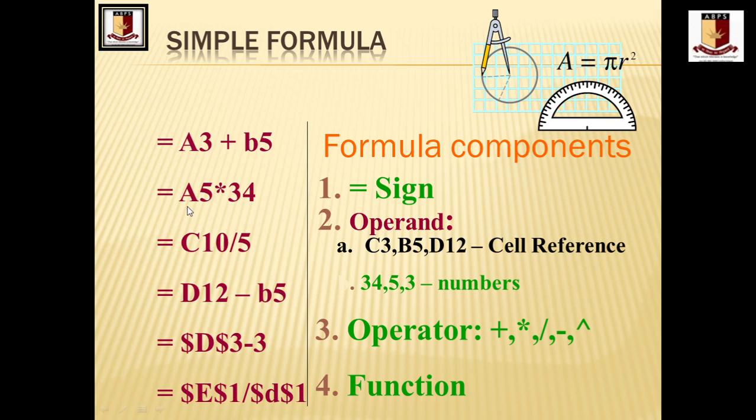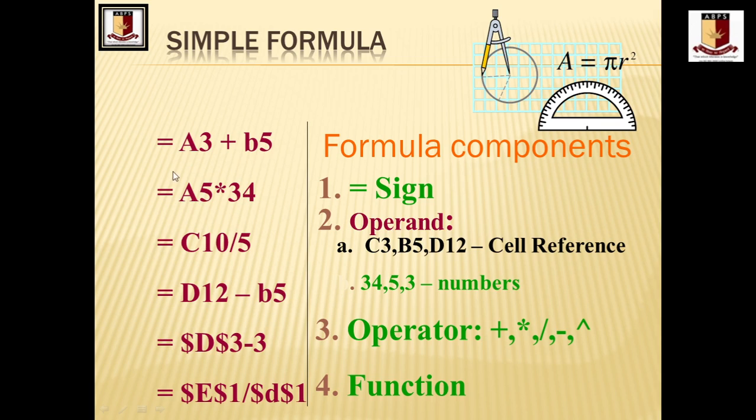So the next cell reference is A5. Whatever the value of cell A5, multiply by number 34. So this is the other number. These are the operands. I already told you that these operands may be cell references or numbers.